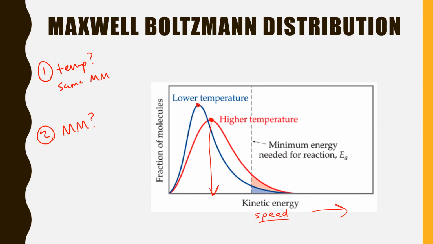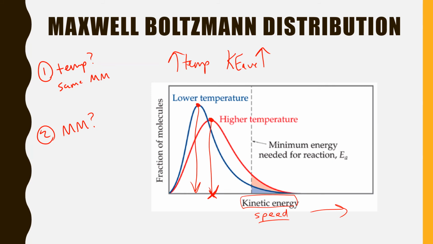This blue peak drops down right there. Whichever peak is furthest to the right will have a higher kinetic energy. Now, how this relates to temperature is that temperature is actually the measurement of the average kinetic energy. So if I have a higher kinetic energy, I have a higher temperature.